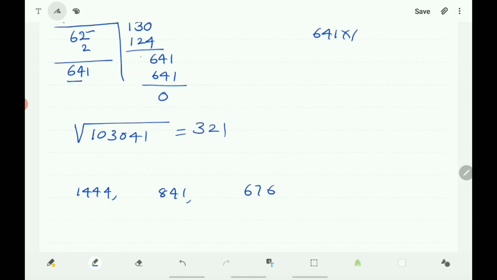This is the homework for you. Find the square root of the following: 1,444, 841, 676 by division method.